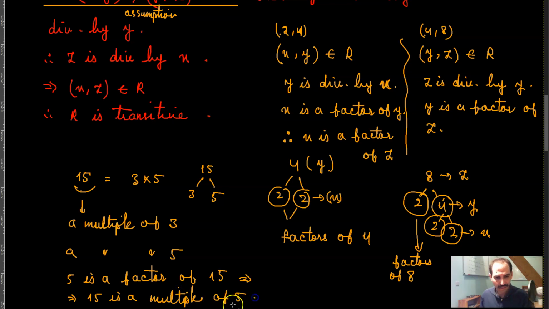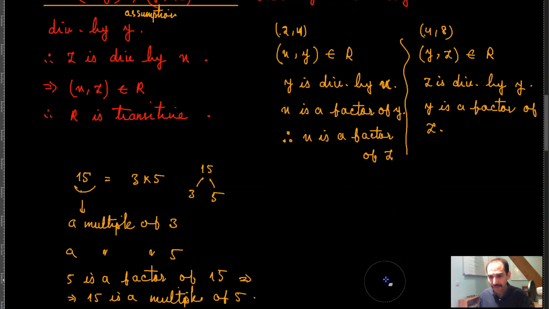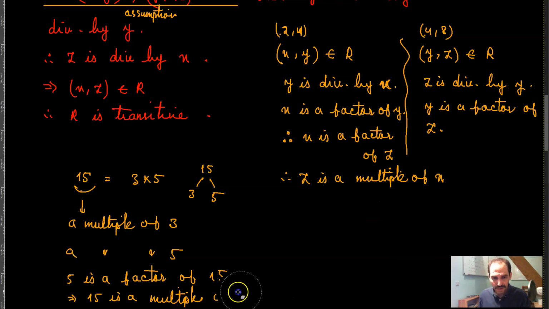So again, using the same logic and understanding, when I say that basically x is a factor of z, then that means that z is a multiple of x, right?